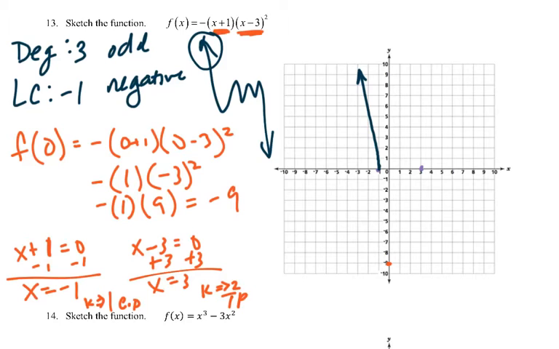It's going to dip down and cross through negative 1 because negative 1 is a cross point, all the way down to our y-intercept. It's going to come back, bounce and kiss and touch at positive 3, bounce back down, and fall on the right. So this is how we get sketches of these polynomial functions.